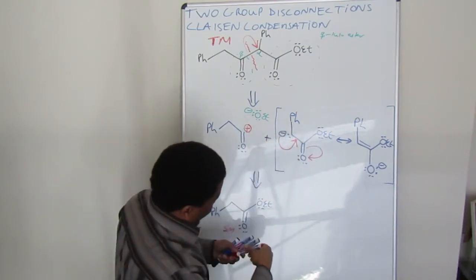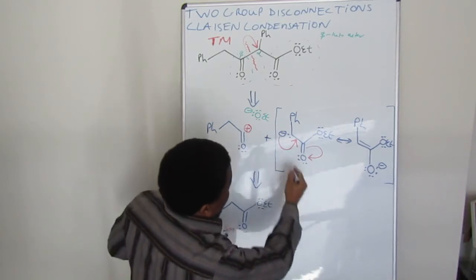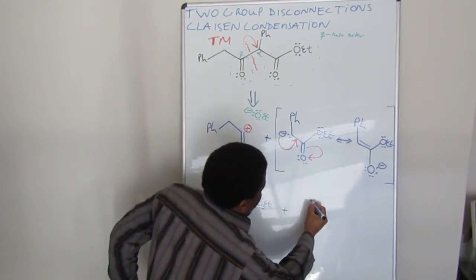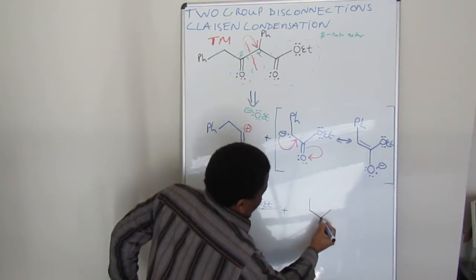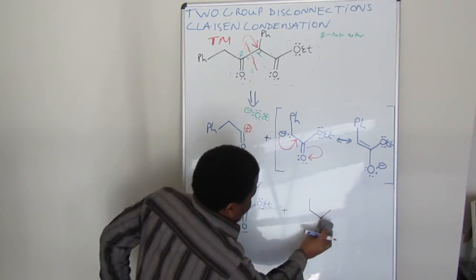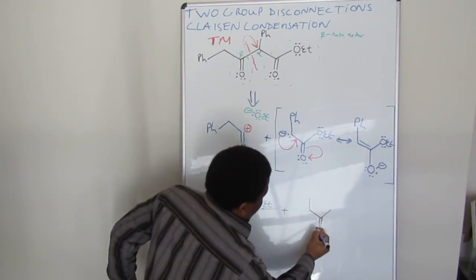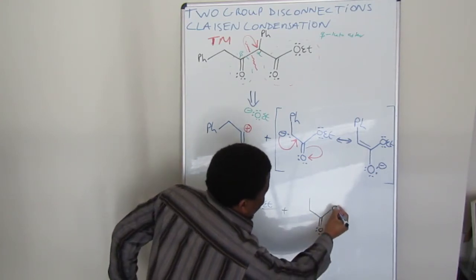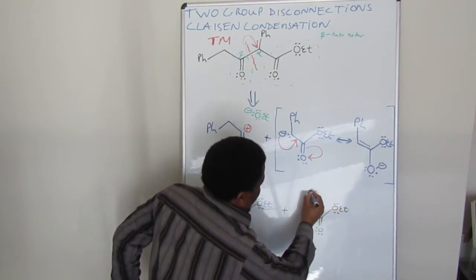Then what about that other fragment? The other fragment could have given us this here, double bond O, there's our OEt, there's our Ph.